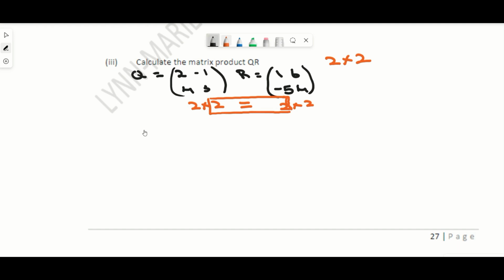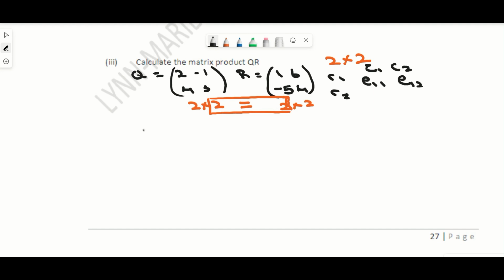We will put this as 2 rows, so row 1, row 2, and then 2 columns, column 1, column 2. So this area here would be element row 1 by column 1. This one here would be element row 1 by column 2.